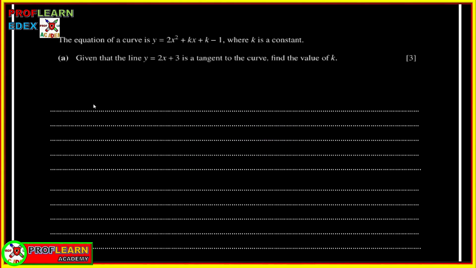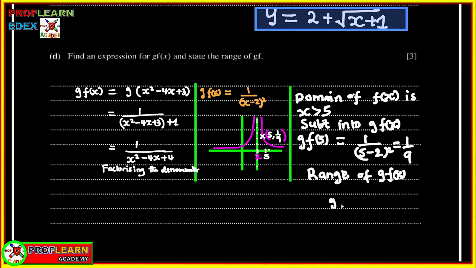So if we substitute the domain of f of x, we are able to get the range of f of x. The domain of f of x we were given as 5. Then if we substitute it into g f of x, you are going to get the range of g f of x.